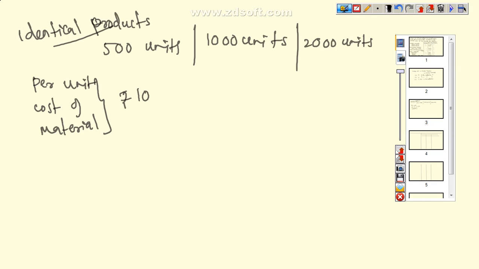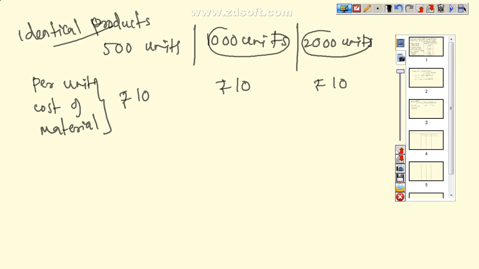Now if the manufacturer produces 500 units, per unit cost of material is rupees 10, and if we consider 1000 units, then also the per unit cost of material is rupees 10, and if we manufacture 2000 units, then also the per unit cost of material should be rupees 10.